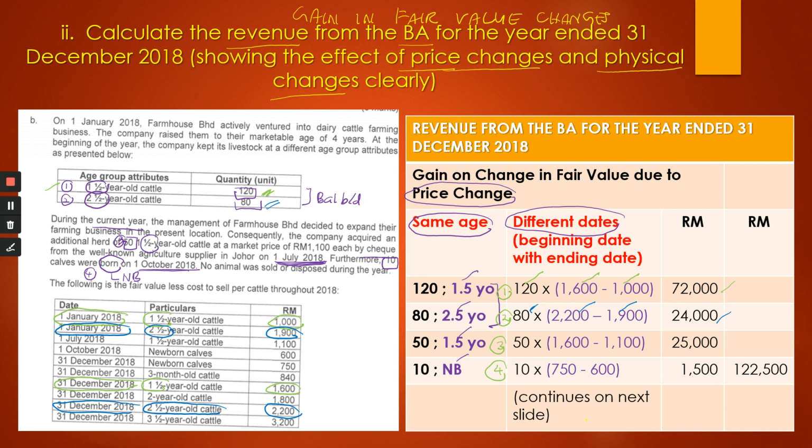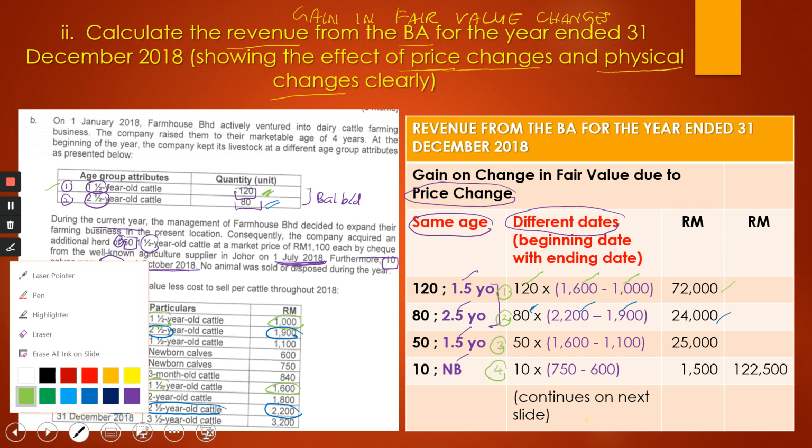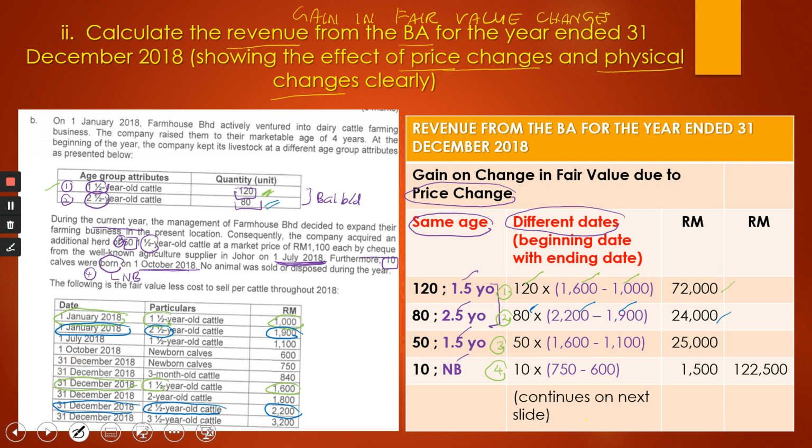Next, we go to the third one. The third one, which is the new acquisition. Our new acquisition took place on 1st of July 2018, and our new acquisition was this 50, 1.5-year-old cattle, right?